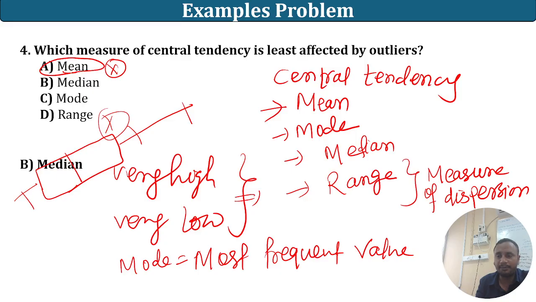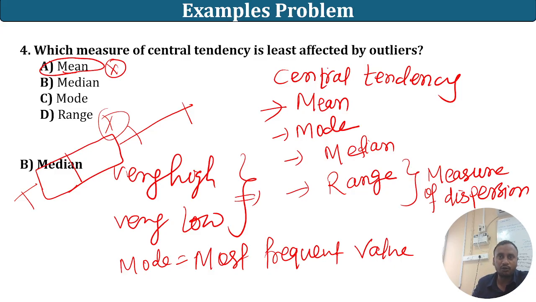The mean can be affected by the outlier because it is calculated as the summation of all values divided by the number of values in the sample. So it is going to influence the mean value.